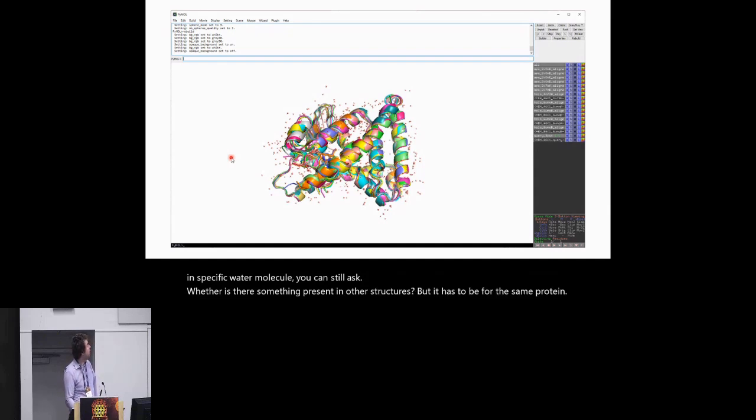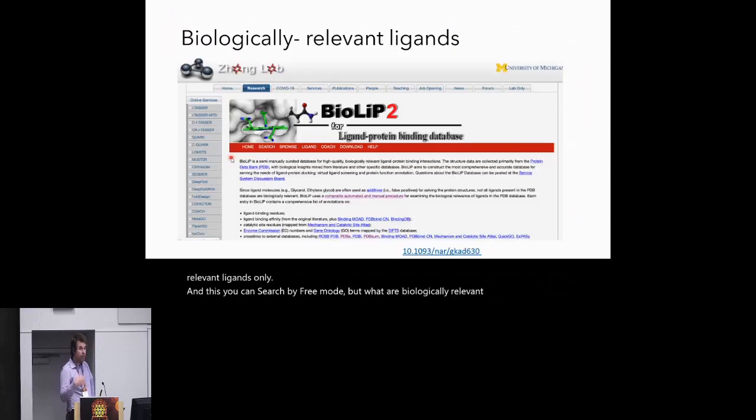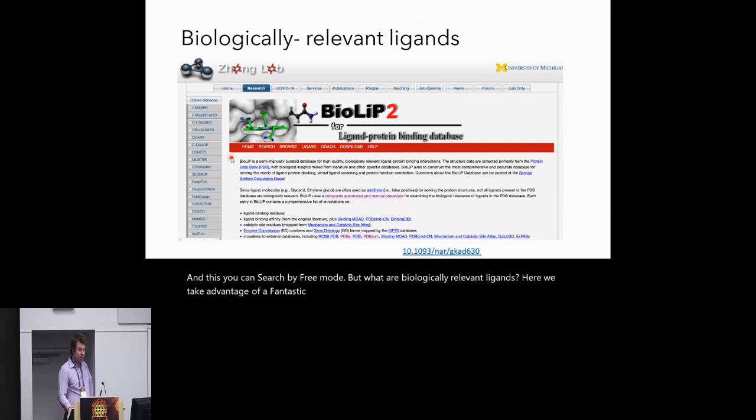And then we moved it a little bit further and built a database out of this. But you cannot build database for just anything. So we decided to do it for biologically relevant ligands only. And this you can search by free mode. But what are biologically relevant ligands? Here we take advantage of a fantastic resource, and that's a BioLab database from Zhang Group.